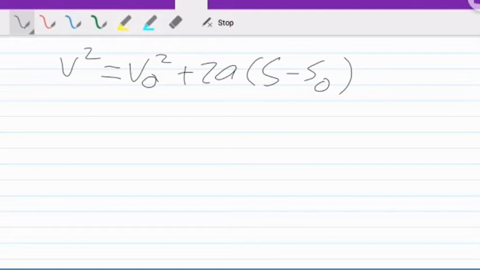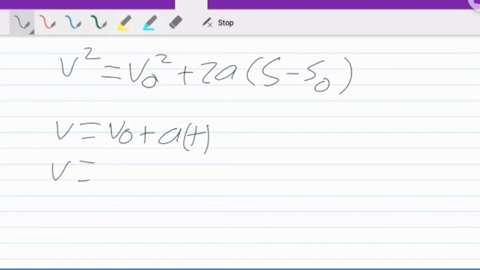So v is equal to v naught plus acceleration multiplied by time.